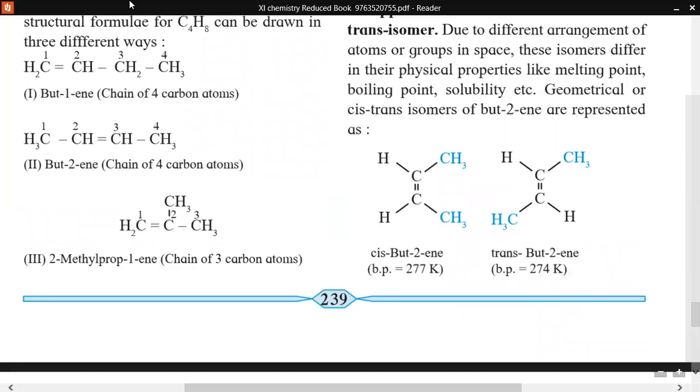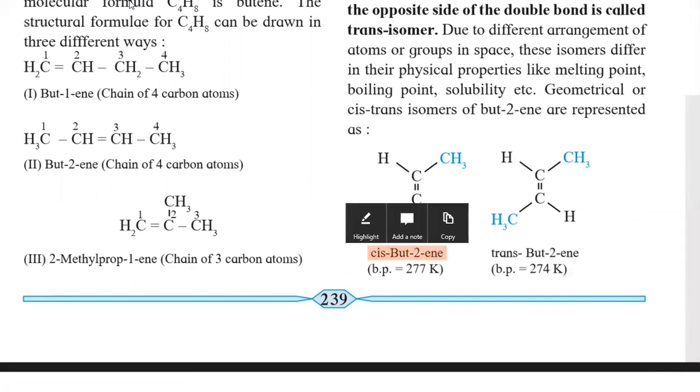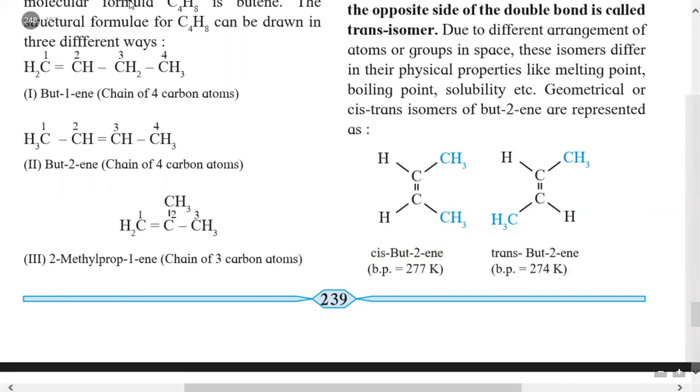These are 4 carbon containing alkenes. Here the carbon-carbon double bond is at the center in both compounds. In the first compound, the CH3 groups are present on the same side of the double bond, and the hydrogens are again on the same side, called cis-2-butene, cis-but-2-ene. Here, in the 4 carbon long chain, similar groups are on the same side of the double bond.